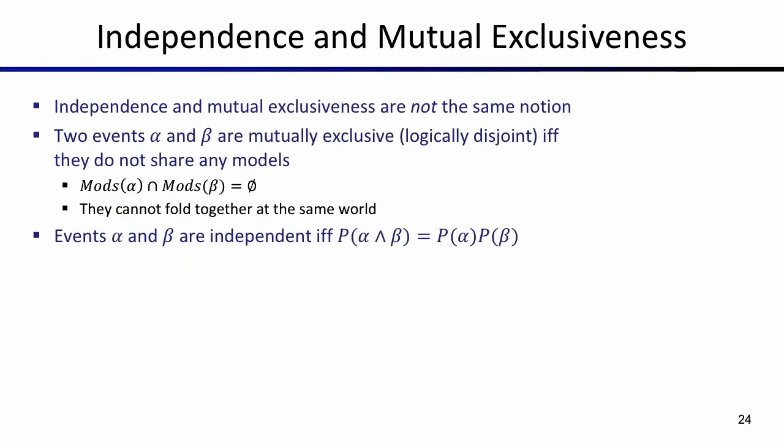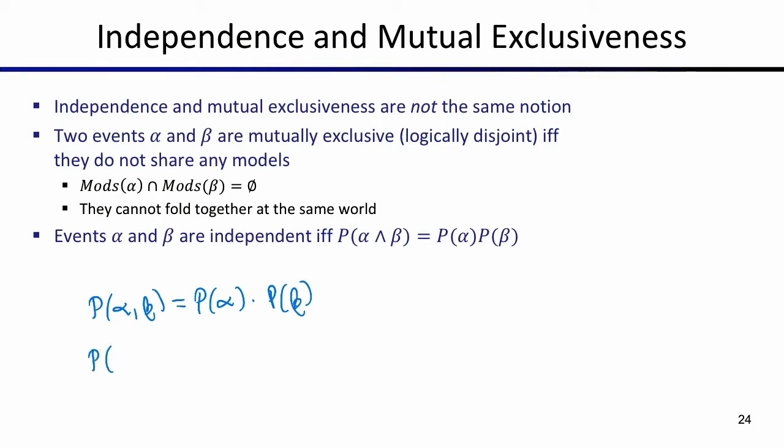Many people think that independence and mutual exclusiveness are the same notion, but they are not. As we just saw, the probability of alpha and beta, if these two events are independent, is equal to the probability of alpha times the probability of beta, right? And it's very different what happens with mutual exclusiveness.